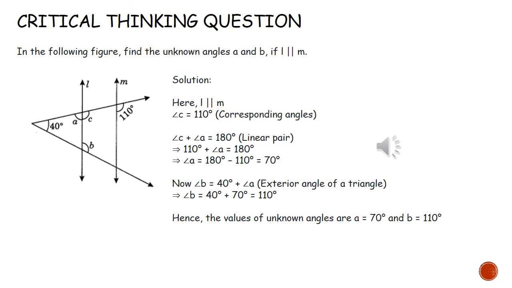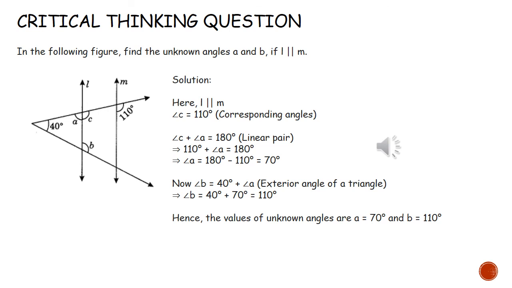If we know angle C is equal to 110, then we can say that C plus A is equal to 180 degree because they are linear pair. So angle A will be equal to 180 minus 110, that is 70 degree.